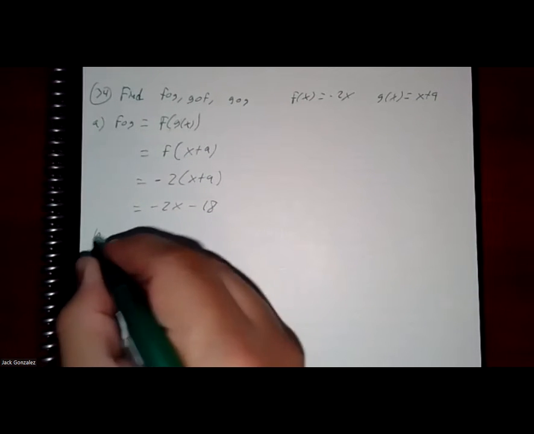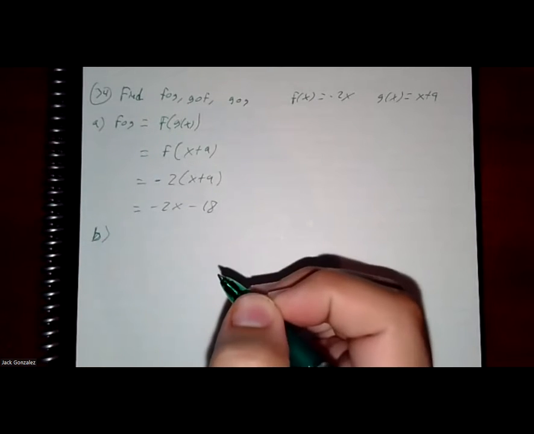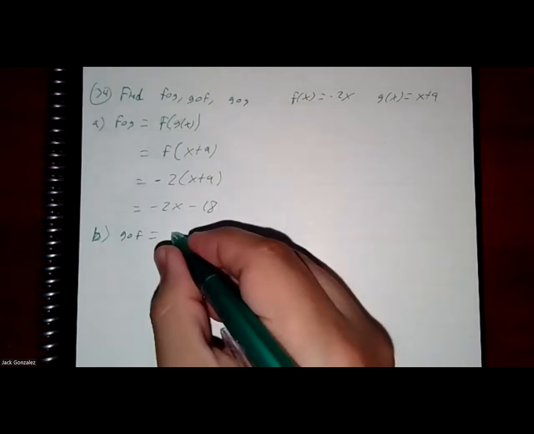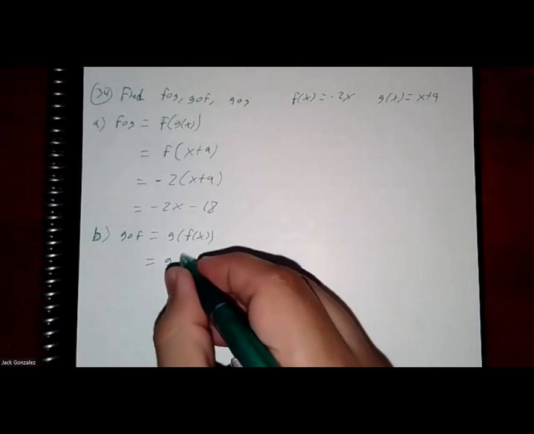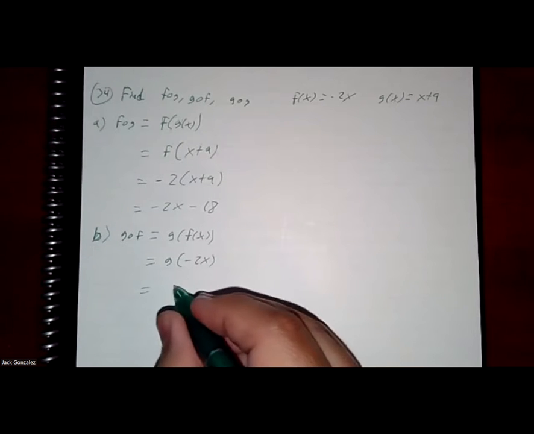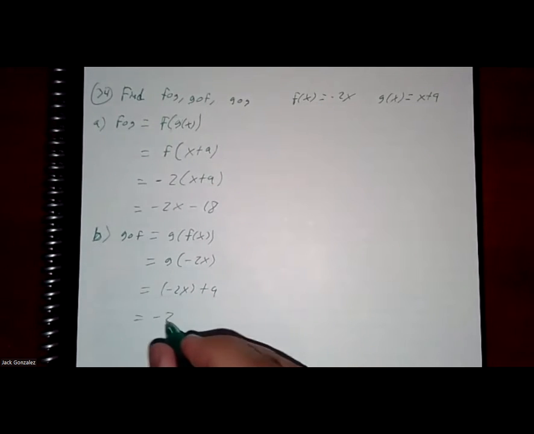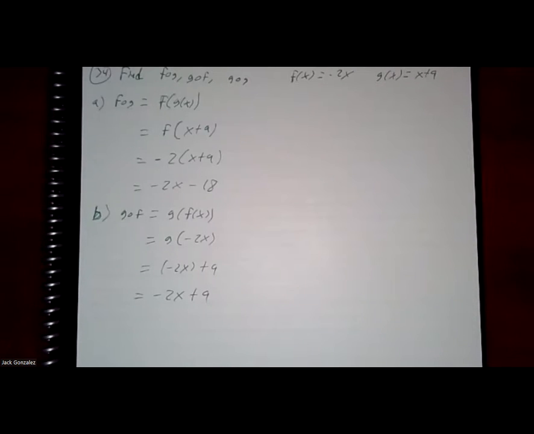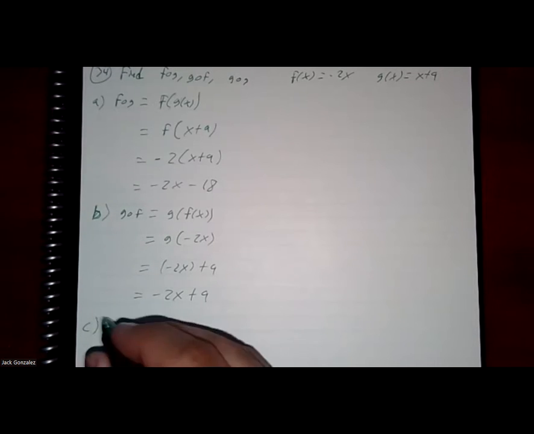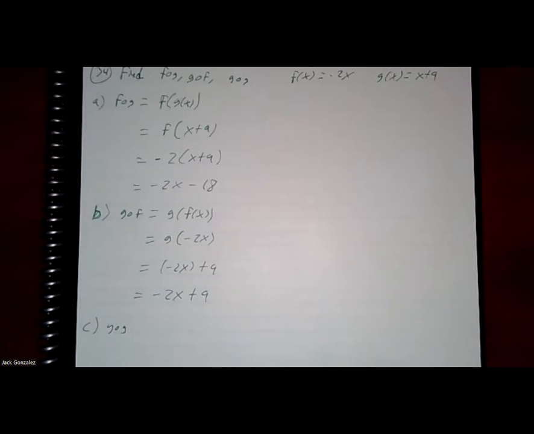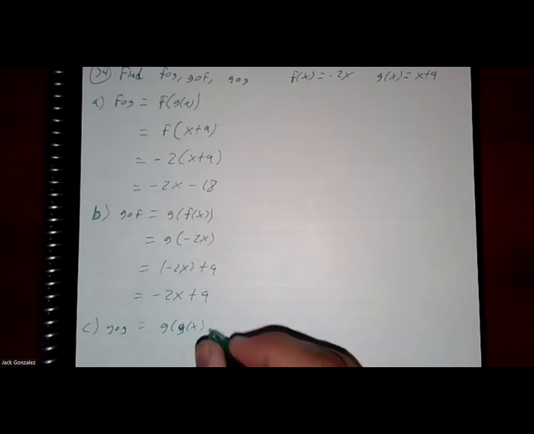All right. Part B. g of f means g of f of x, which means g of negative 2x, which means negative 2x plus 9, which gives me this guy. g of g, well, that means g of x, which is kind of weird, but it's doable.